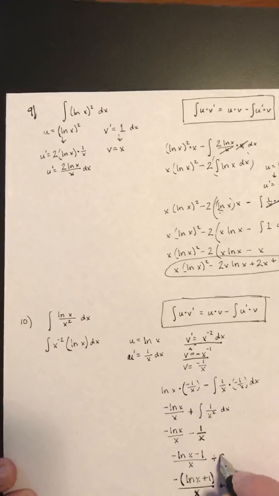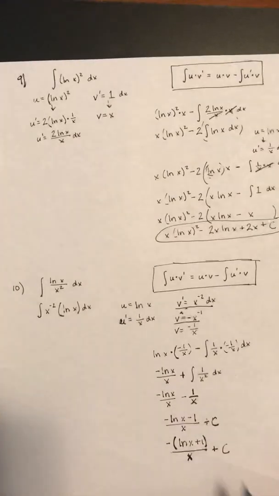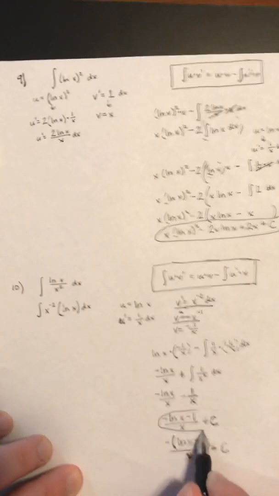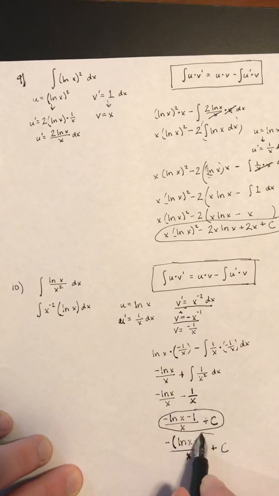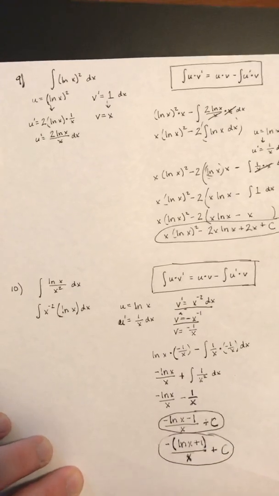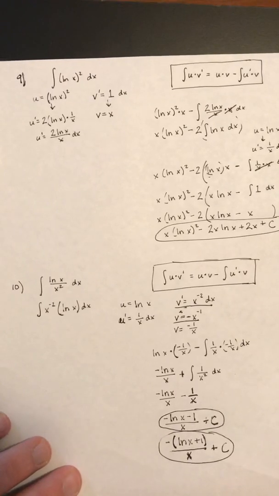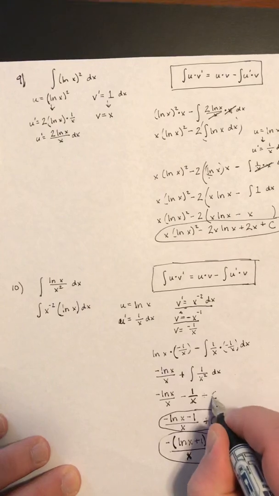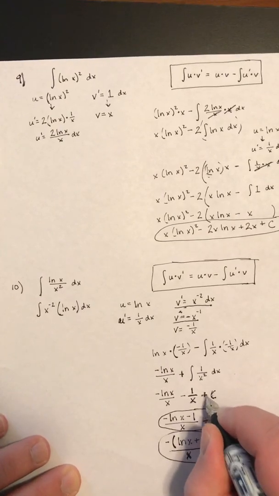So a couple of different answers are all acceptable. I'll circle my final answer. Here's one final answer that is correct, and here's another that's also correct. I would honestly even accept this one as long as you remember to put your plus c at the end.